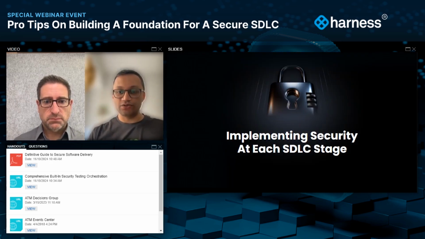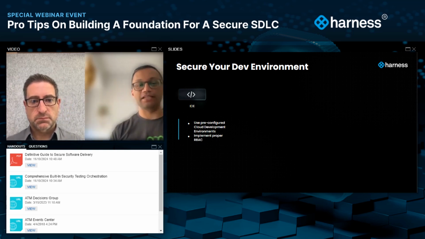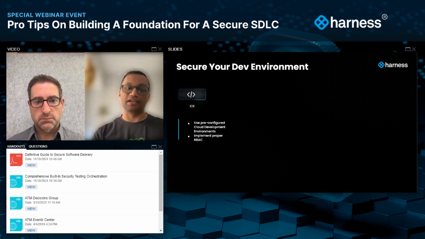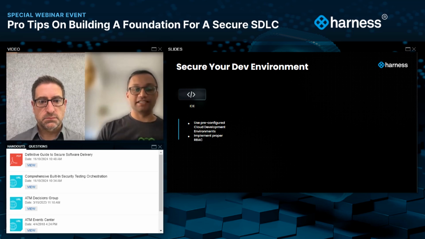Okay, so let's get into how we can secure each stage of the SDLC. For the IDE, we recommend using a pre-configured cloud development environment. A cloud development environment is basically something that runs in a controlled environment. So VS Code, for example, can be run in a cloud, which is controlled by your organization, so that you don't have unauthorized access to it.